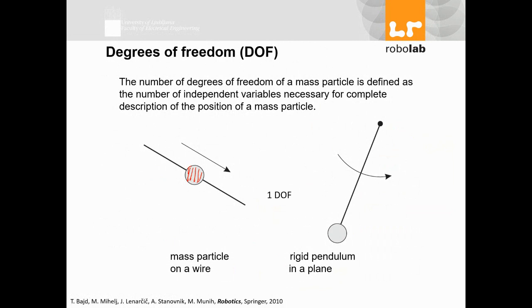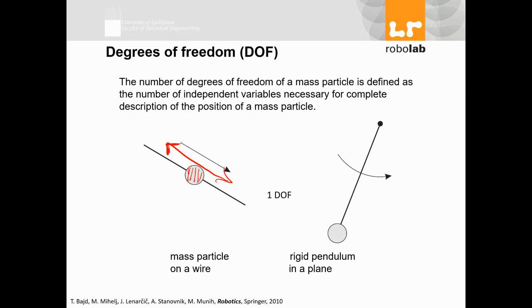If I restrict this object to move only in one dimension, just a line back and forth, like I restrict that item to just move left and right, that's 1 degree of movement.